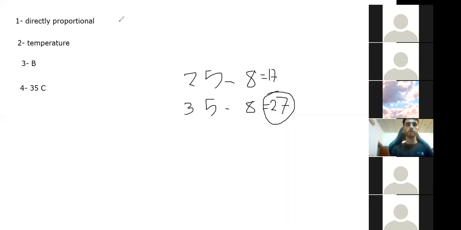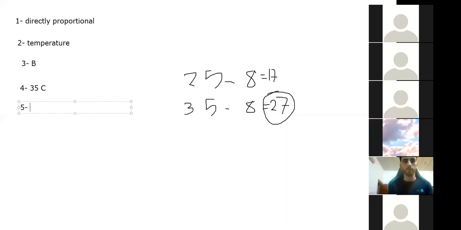So for question number 5, no heat is transferred, and the explanation is because the objects are in thermal equilibrium.